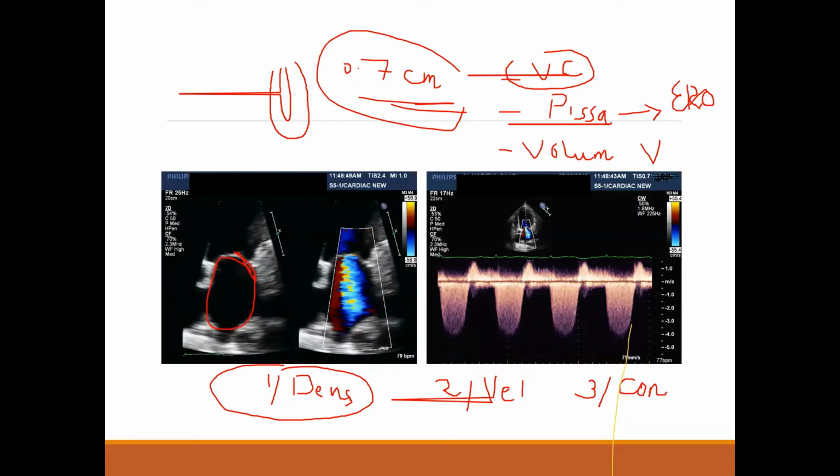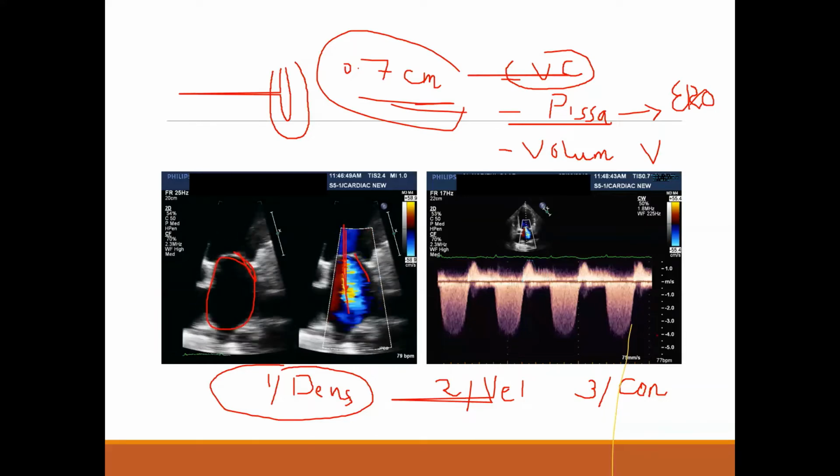If it's eccentric and you are here and the jet is going here, you will have a faint signal, not because it's not severe, but because you are missing where the jet is. Sometimes if you cut sharply through the jet, you will have it so dense and the jet is not that much. So density itself isn't so reflective of severity.